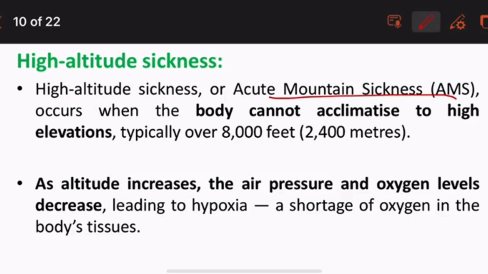If the body cannot acclimatize to high elevation, typically over 8,000 feet, then this issue will happen. As altitude increases, air pressure and oxygen level decrease, leading to hypoxia.